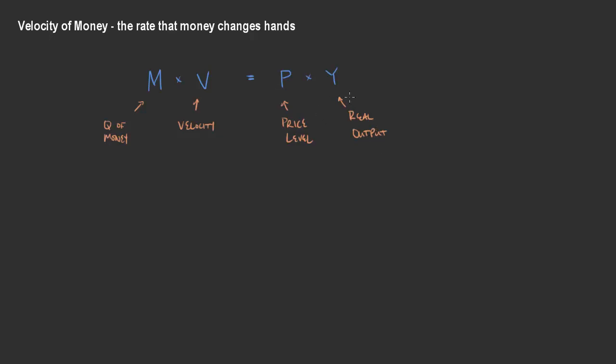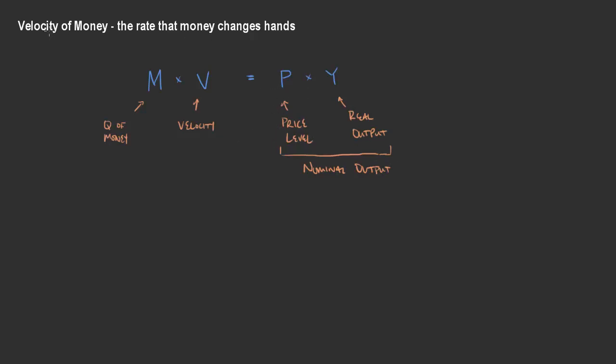If we multiply real output and price level together, this would be nominal output. I make that distinction because we're going to discuss that in a minute.